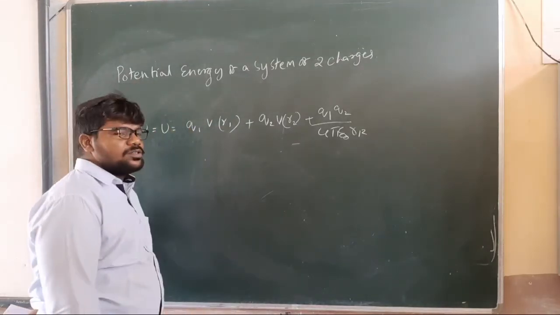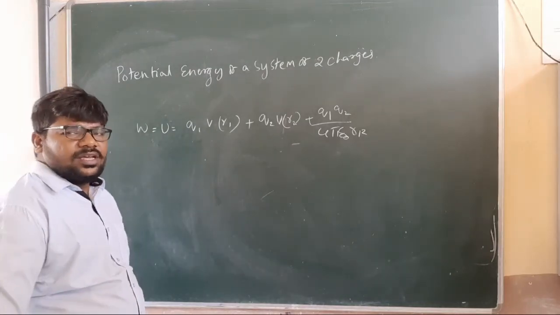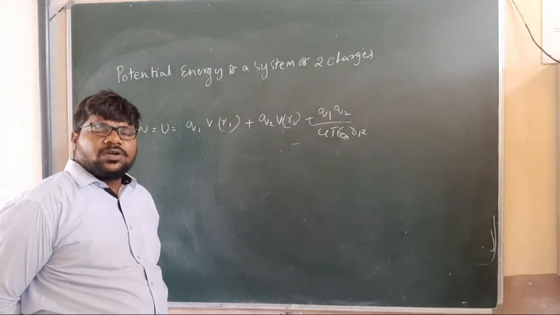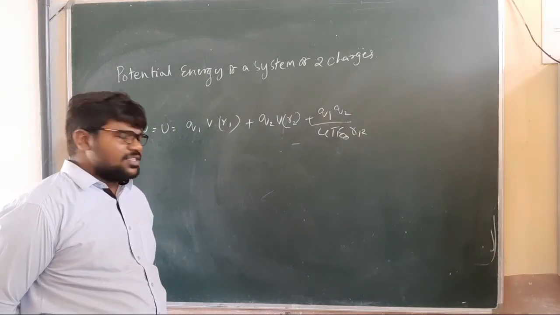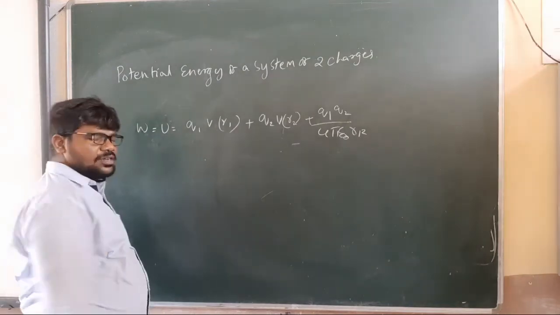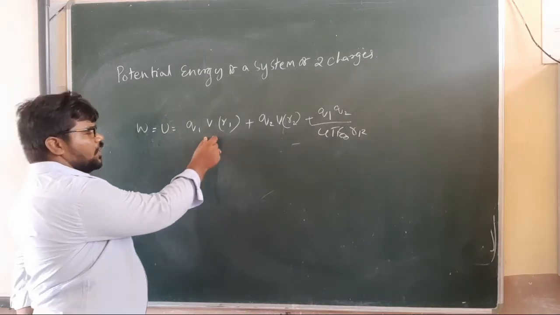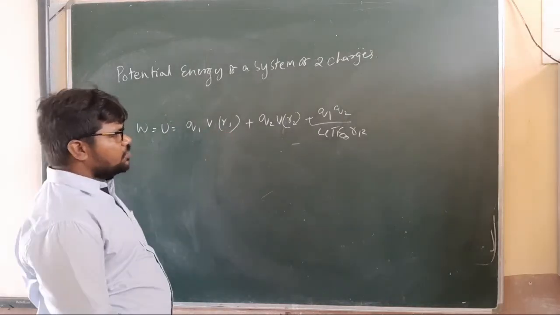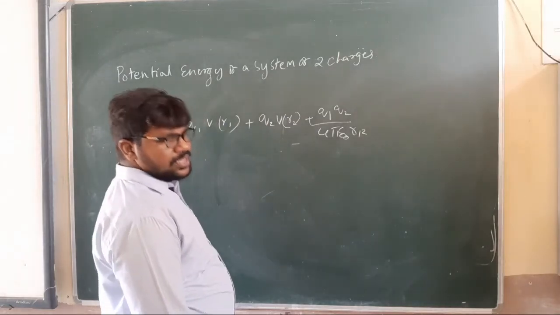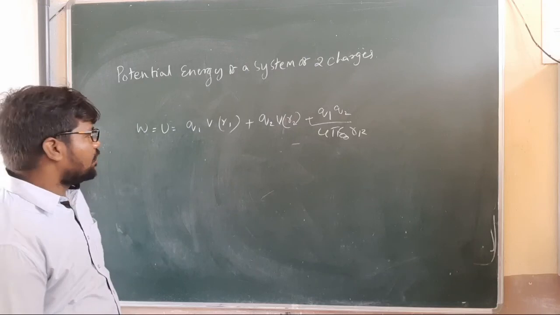My children, coming to the potential energy of a system of two charges. In the previous case we discussed the amount of work done stored in the form of potential energy. From that we also derived the amount of work done or potential energy, which is equal to Q1 V with respect to R1 plus Q2 V with respect to R2 plus Q1 Q2 by 4 pi epsilon naught into R12.